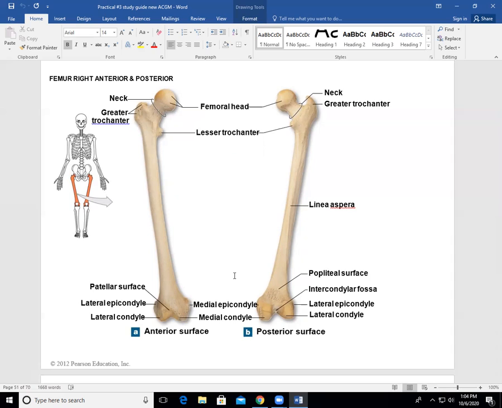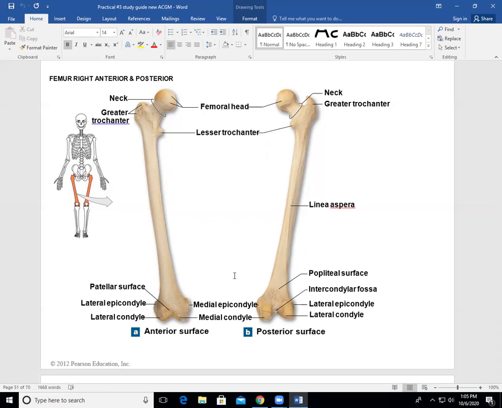Now along the posterior of the femur, you run down, you should see a kind of a line that forms along. Call that linea aspera. So on the anterior surface, you know it's the anterior surface because it's more flat.